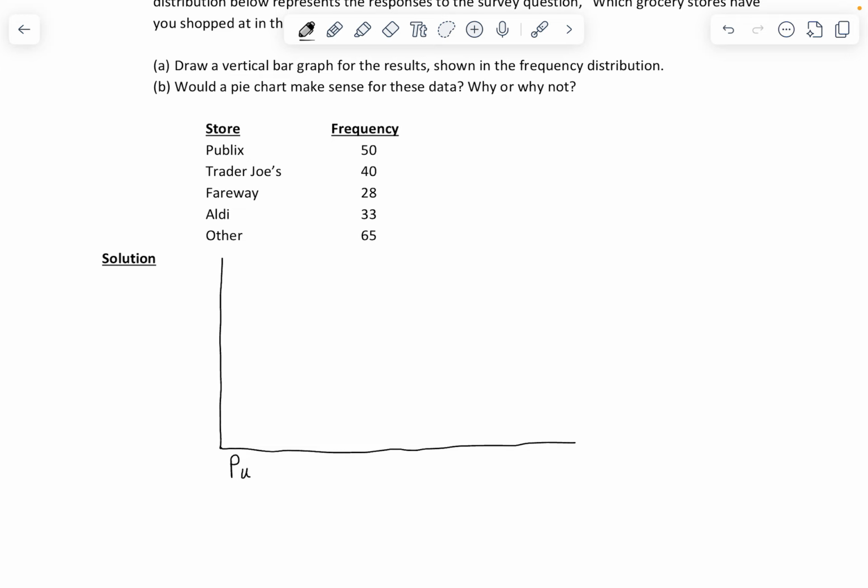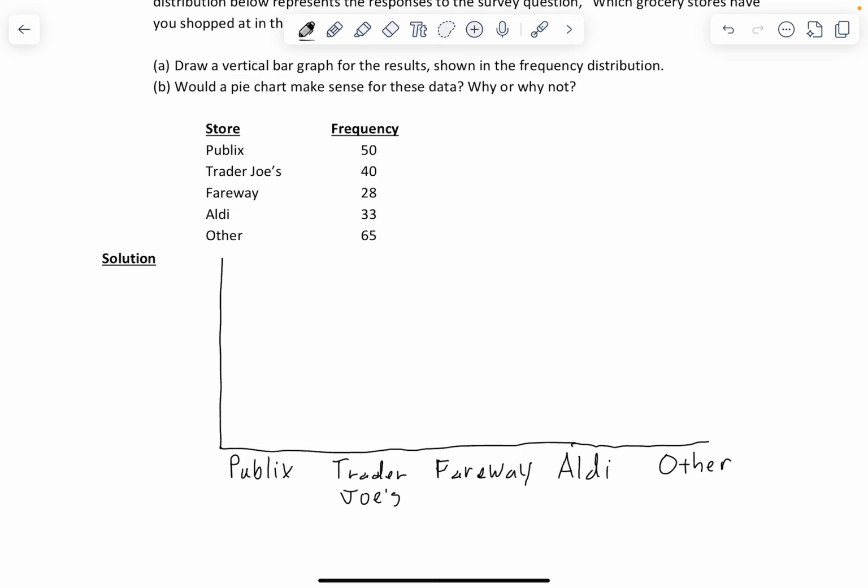So we would have Publix, Trader Joe's, Fairway, Aldi, and other. And we'll just label this axis as grocery store, because this axis represents the different grocery stores.